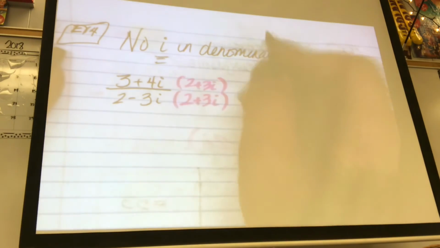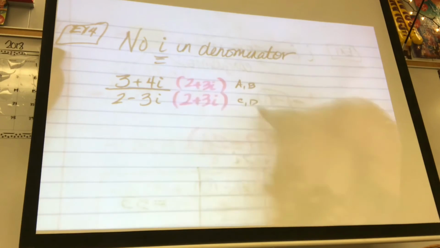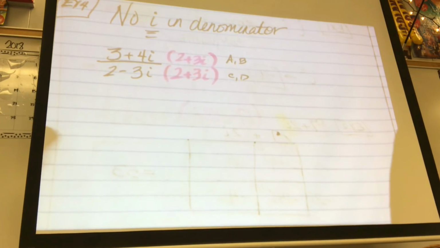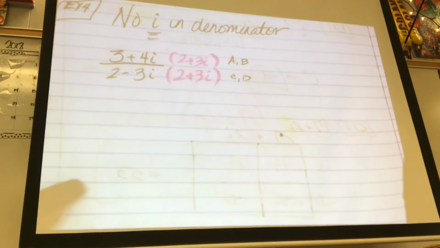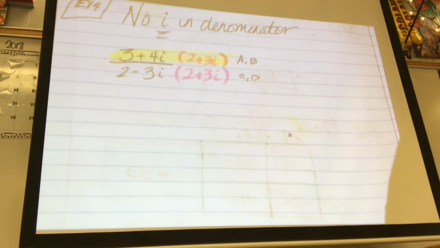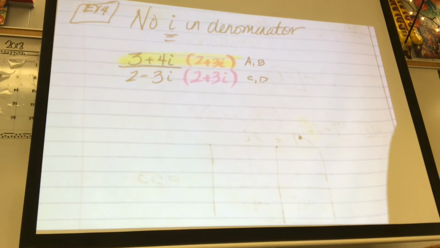If you're in seat A or B, I want you to do the numerator. If you're in seat C or D, I want you to do the denominator. And I'm going to call on you and tell me what you get. You're going to multiply them out. Multiply these two. If you're in A, B, do the area model. And if you're in seat C or D, do these two.